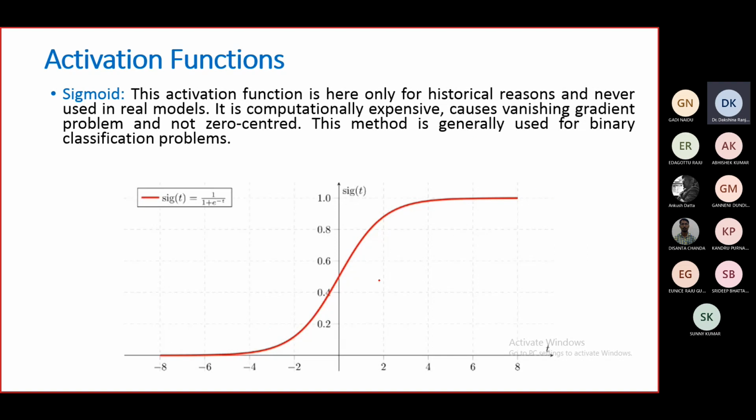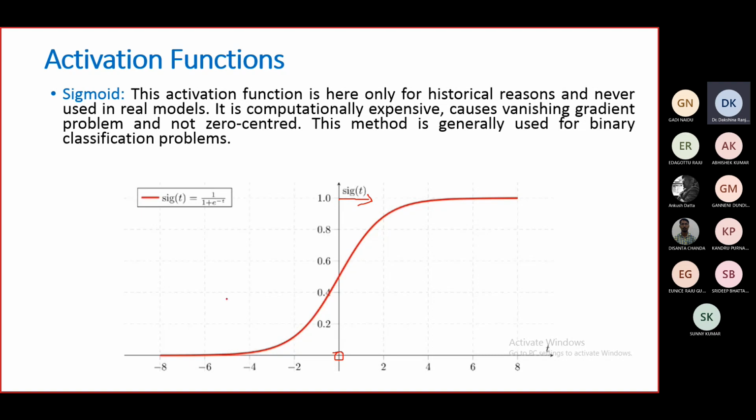And here you can see that this is not a zero-centered activation function. The output of the function is bounded between 0 and 1. So this is 0 and this is 1. The maximum value of the output will be 1 and the minimum will be 0.